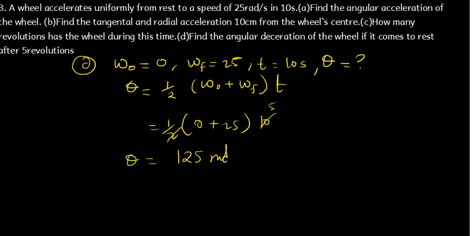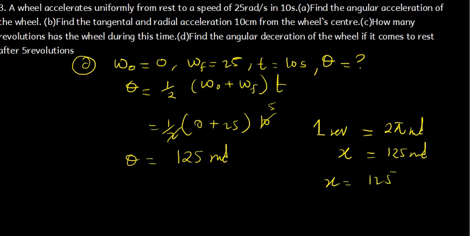Now we know that if we make one revolution, then the angle involved is 2 pi radians. Here the angle involved is 125 radians. How many revolutions will that be? So x is going to be equal to 125 divided by 2 pi. Just multiply this by that, and then multiply this by that, so it will be x times 2 pi.